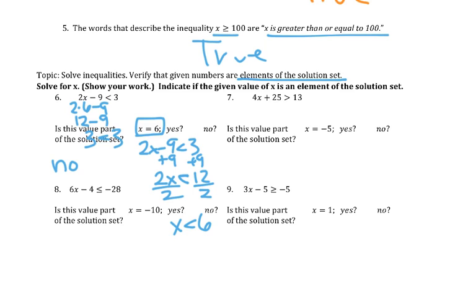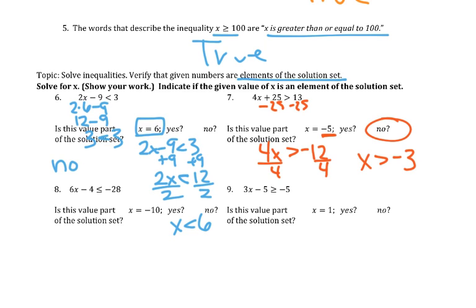Okay, number 7. So again, I could try to solve this first and get 4x is greater than negative 12. Divide by 4, and I'd get x is greater than negative 3. Okay, so negative 5 is actually smaller than negative 3, so it would be a no. Oh, I guess I should have circled up there.